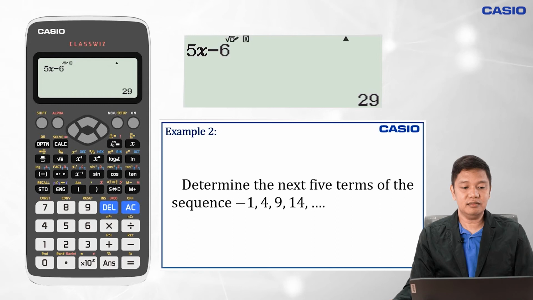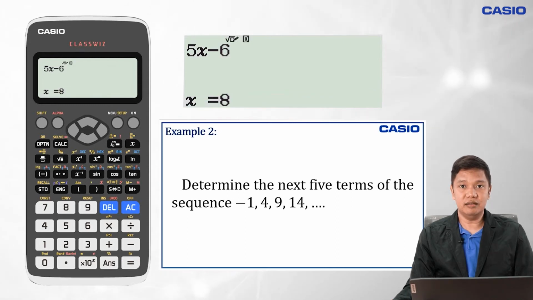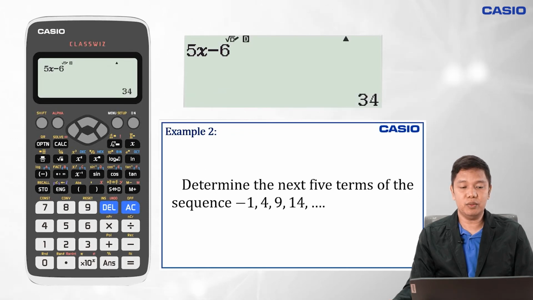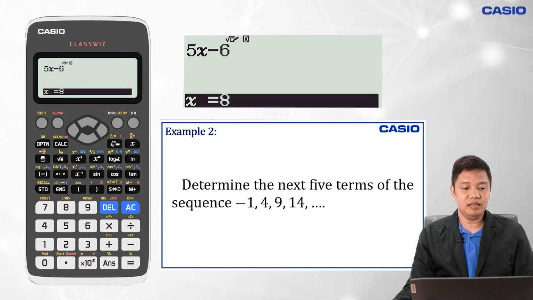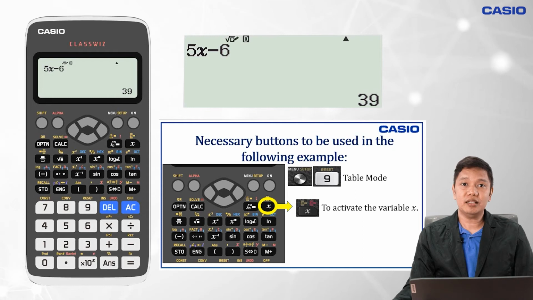To get the 8th term, press calculate and then press 8 as the value of x and then press equals, and then another equals, we have 34. And lastly, for the 9th term, press calculate and then 9, pressing equals twice, we have 39 as the 9th term.